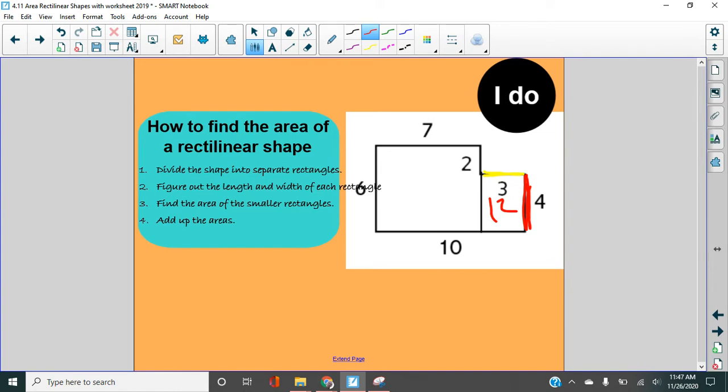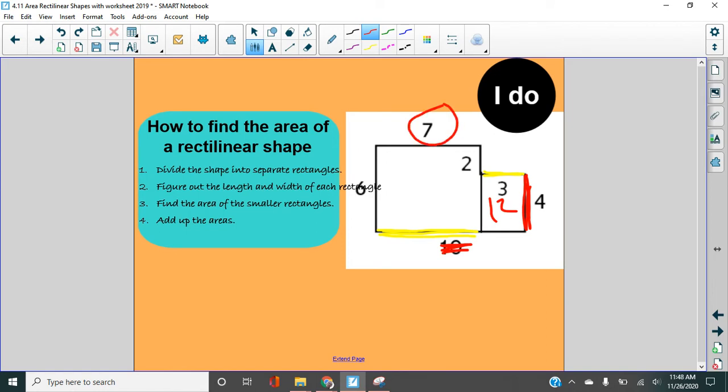But look at the big pool here. So the length is from here to here, not all the way, right? And so this 10 right here, this 10 is this whole space. So I'm not going to use the 10, right? The number that tells me how far it is from here to here is 7, right?